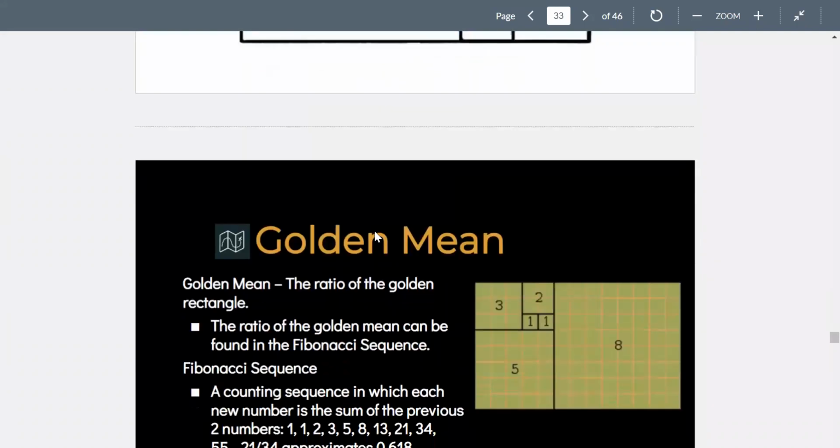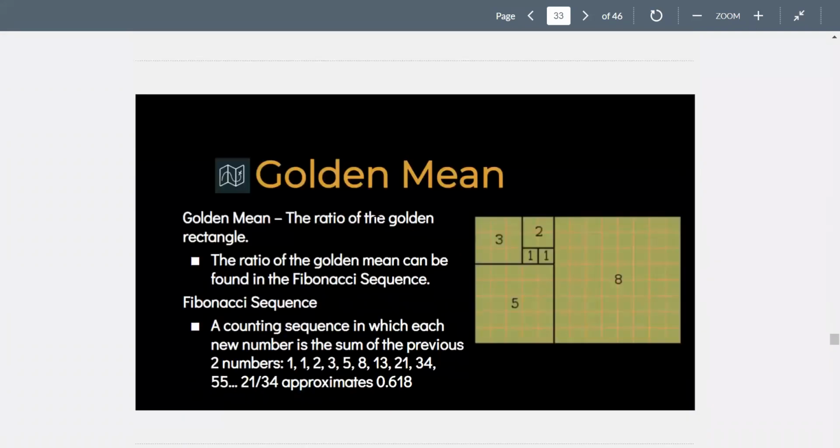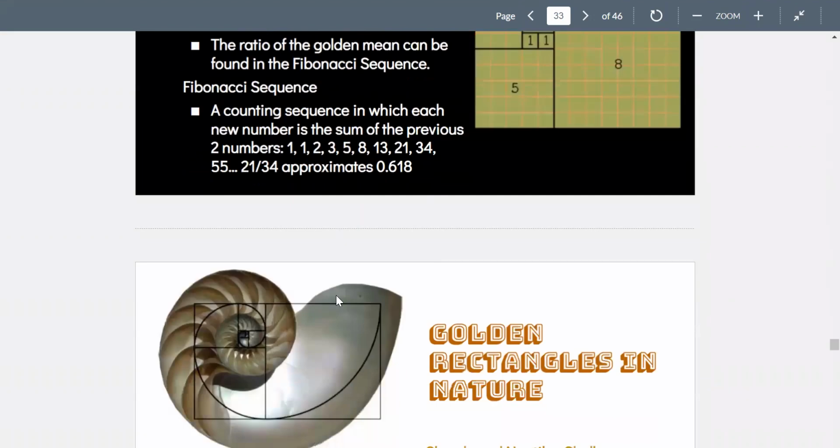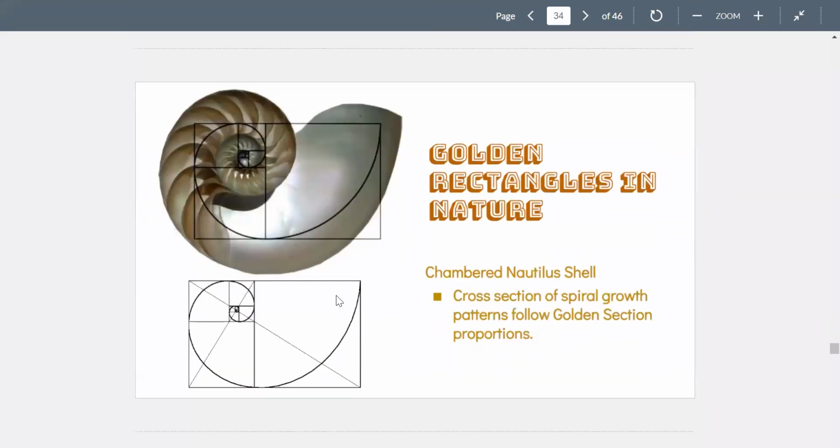But you can find this golden ratio, golden mean, in the natural elements, like this. It shows this Nautilus shell, how the golden rectangle is used, and how the design has been naturally created.